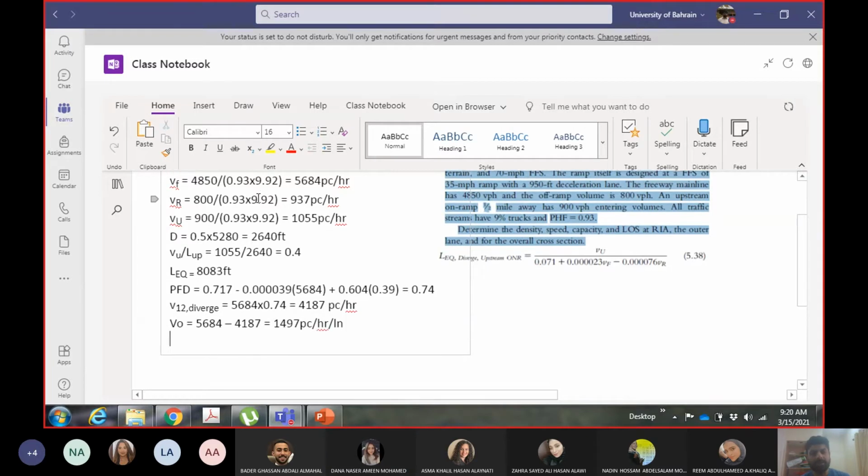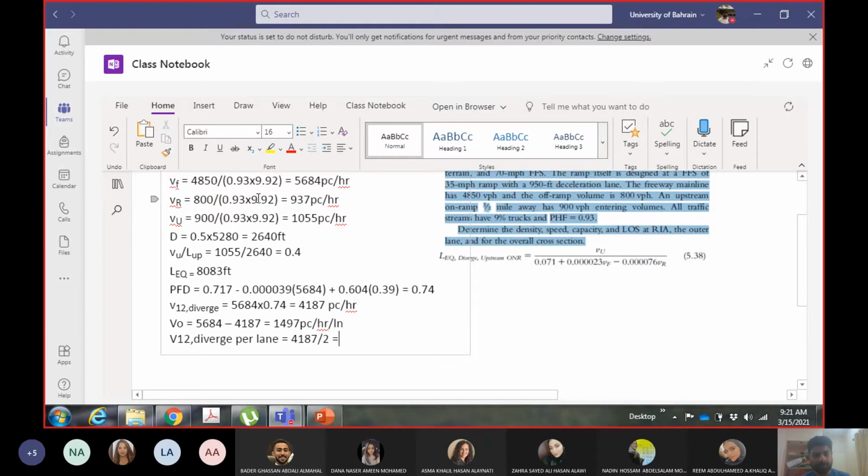And then there was another check that the ratio between the per lane volumes. So give me the per lane value for this. They did not give any notation for that, so let me just call it V12 diverge per lane. 4187 divided by 2.